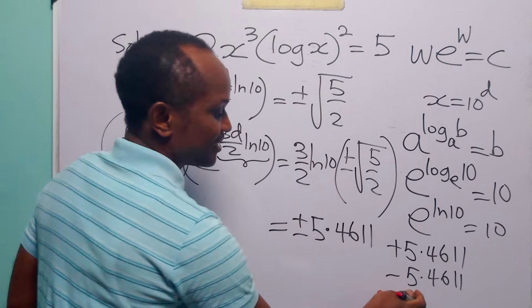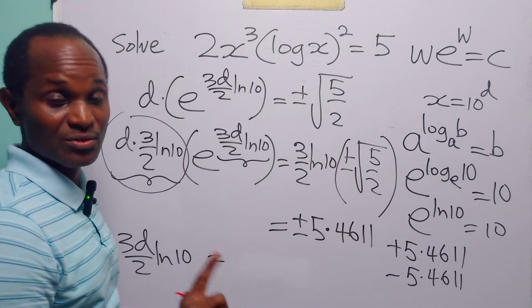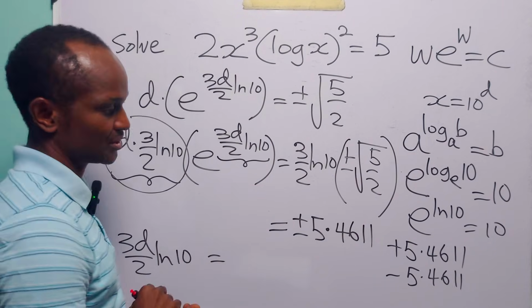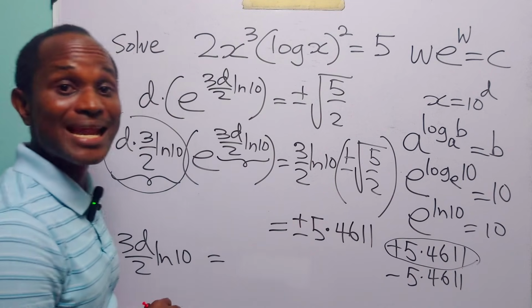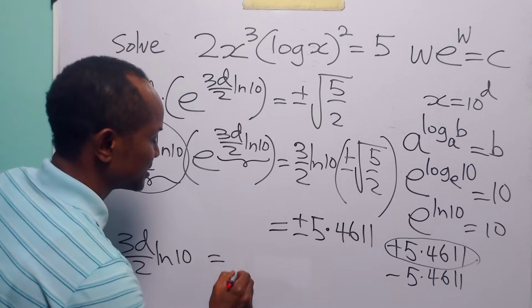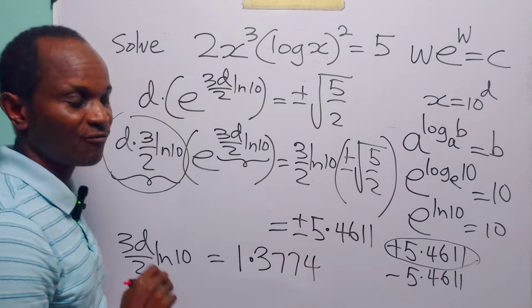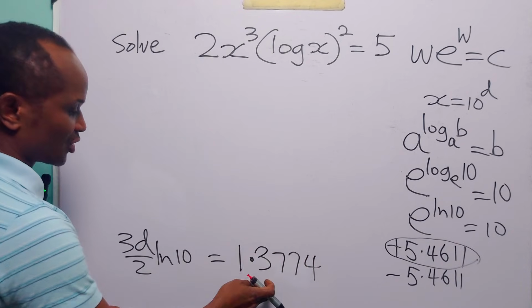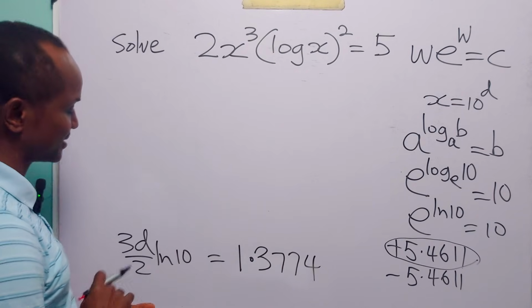Now, the negative value does not give us any real values. It gives only complex values. But when we input this positive value into a Lambert W function calculator, what we get in return is 1.3774. Of course, you know that I am giving these figures approximately to 4 decimal places.